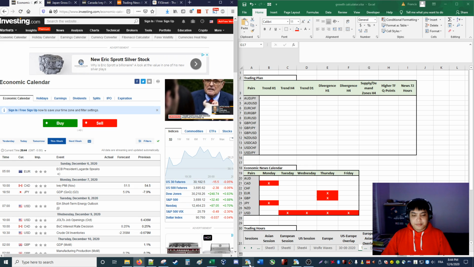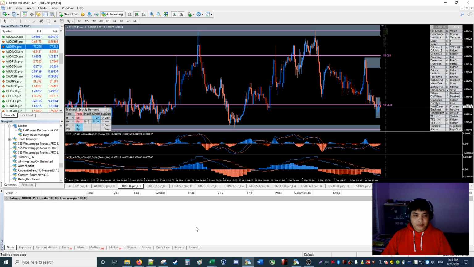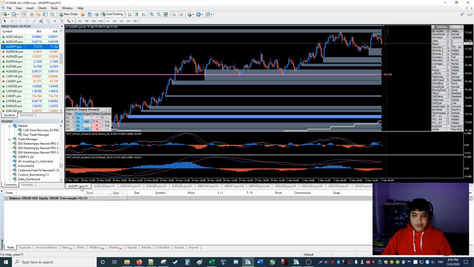So the yen. If you look at the charts, we're trading only about 12 pairs, which is 1, 2, 3, 4, 5, 6, 7, 8, 9, 10, 11, 12, and one extra for gold.